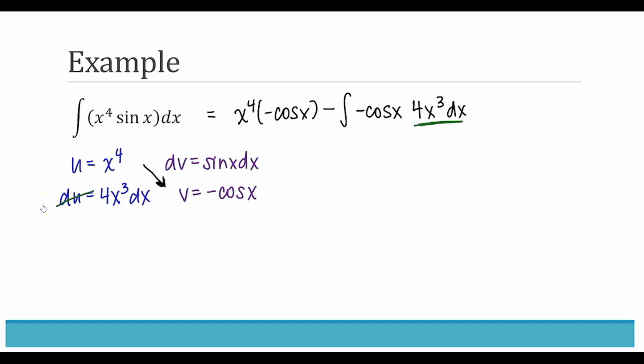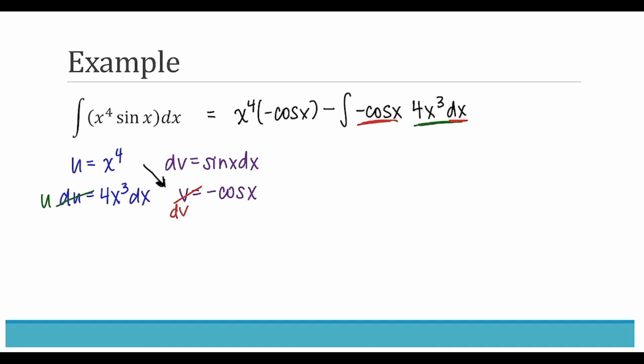So I'm just going to cross that out and say, well, this is my new u from this integral. And then my dv would be my negative cosine x with the dx part. So notice that negative cosine x dx was the v from my previous integration by parts.